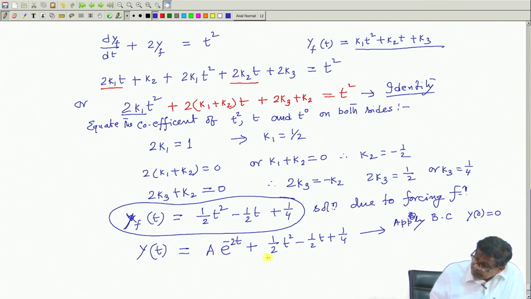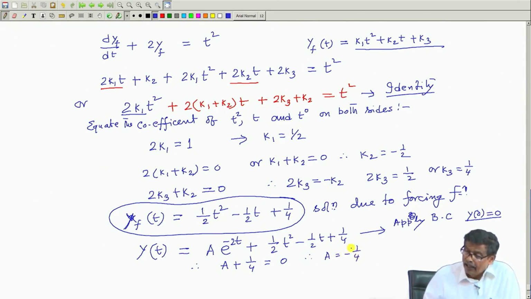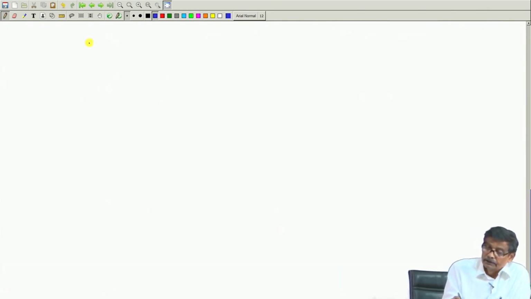Therefore, at t equal to 0, y(0) is 0. So, put t equal to 0. It will give you A plus 0 plus 1 by 4 is equal to 0, because of the boundary condition. So, A is equal to minus 1 by 4.